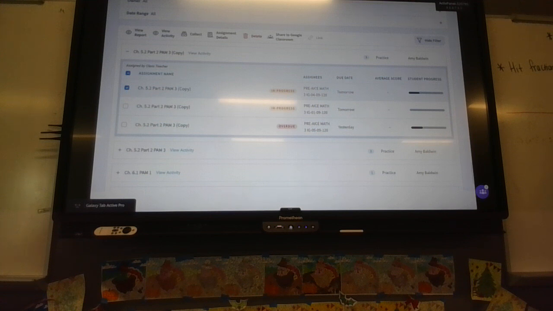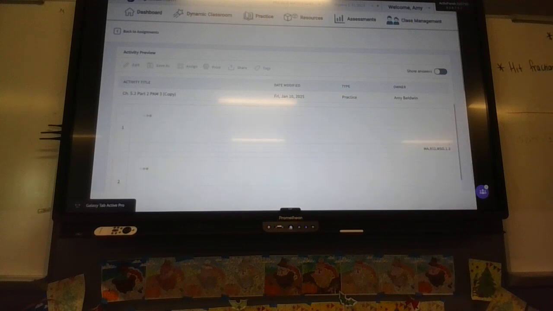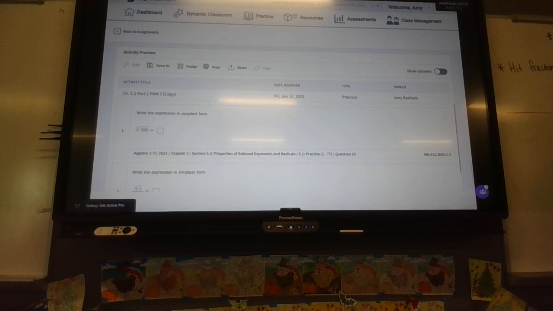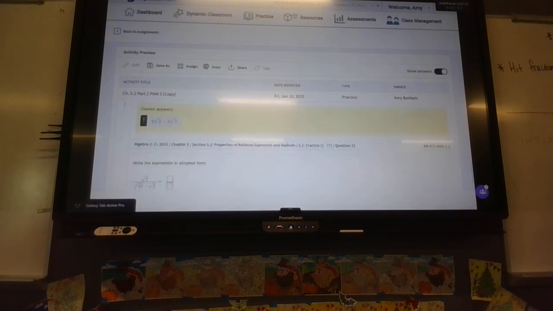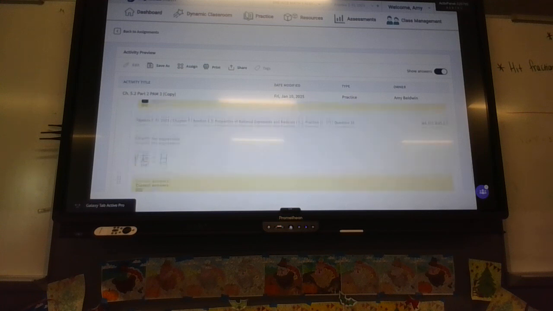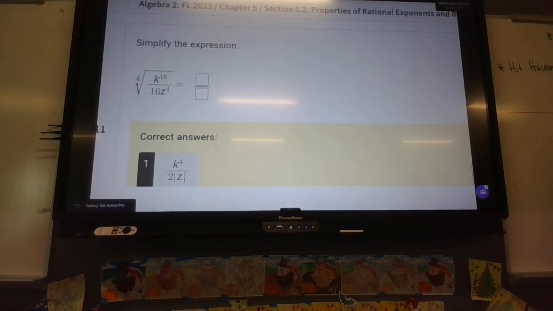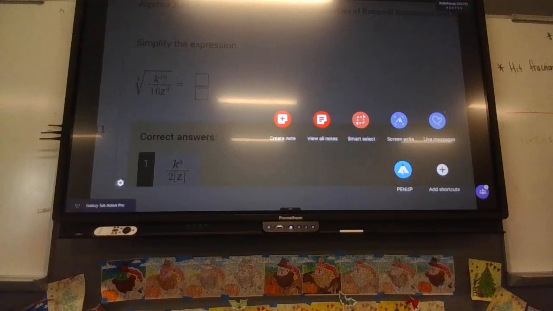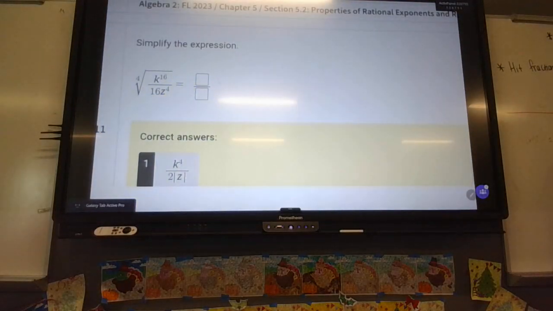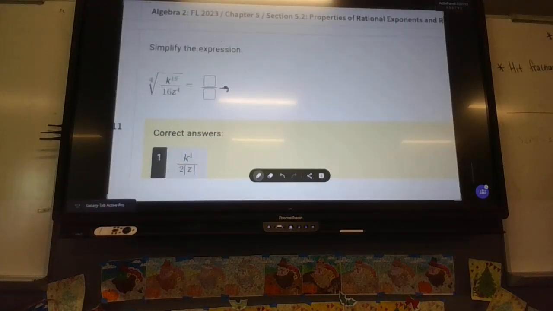7 was requested, so was 11. I'm going to do 11 first and then go to 7. All right, again, the strategy here is to separate all of these parts.